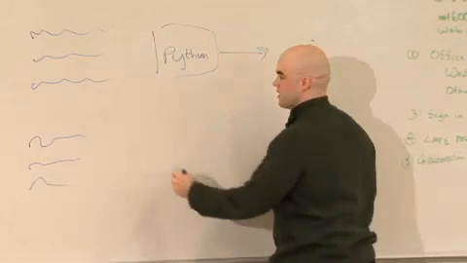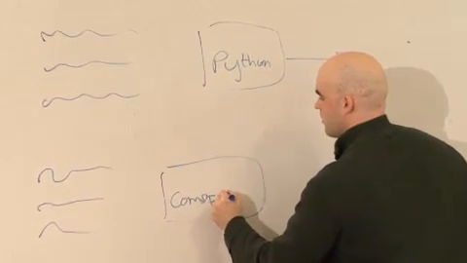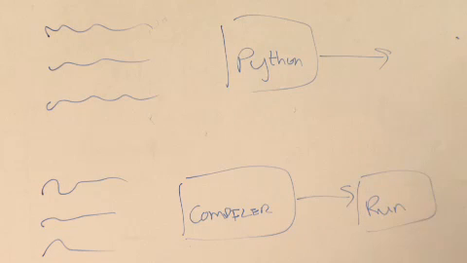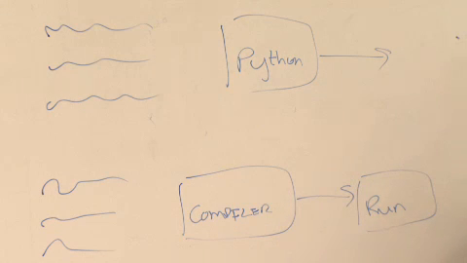Compiled languages have to go through a compiler, and then you have to run them. It's an extra step. The nice thing about having an interpreted language is that as you make changes to the code, you can instantly see what's going on with your program.